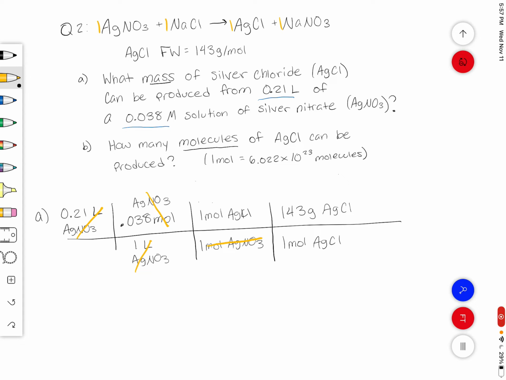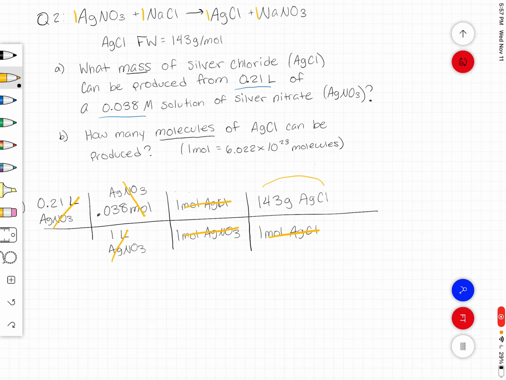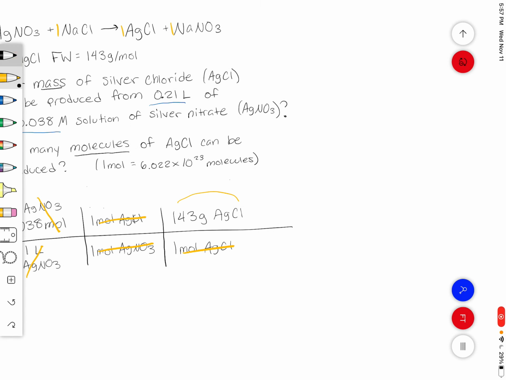So now mole AgCl cancels with mole AgCl, and we're left with our final units of grams of AgCl. When you multiply and divide all that out, you get 1.1 grams AgCl. And that is your final answer for this one.